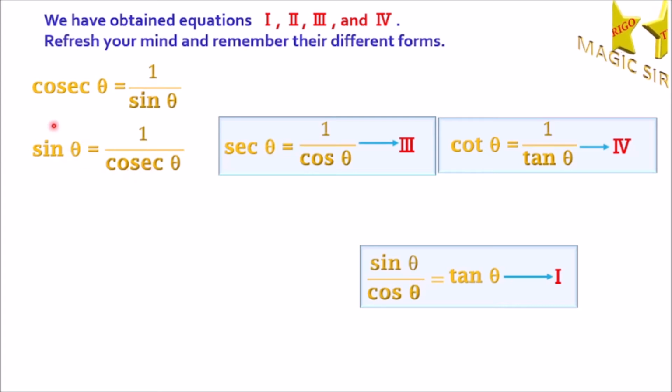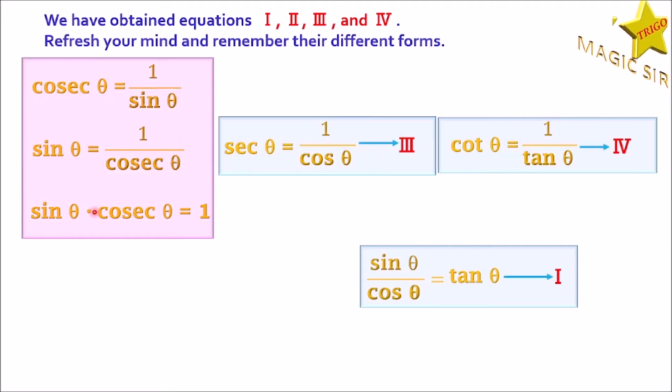The product of sin theta and cosec theta is equal to 1. So we can say that sin theta and cosec theta are the reciprocal of each other.